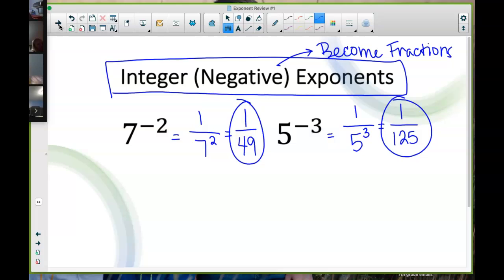I want you to do this one and type it in the chat. 8 to the negative third power. What would that be?